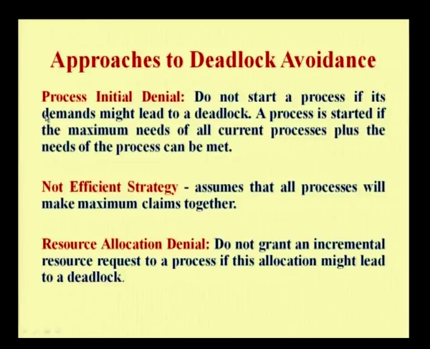The second point deals with the not efficient strategy. It assumes that all processes will make maximum claims together. So let us assume there is a bank or a pawnbroker, and you ask for a loan amount of around 100 rupees.